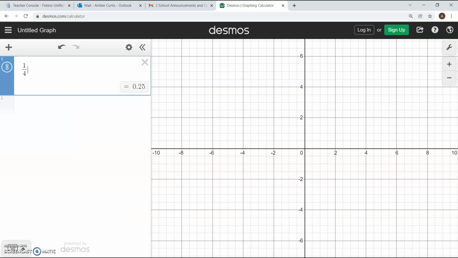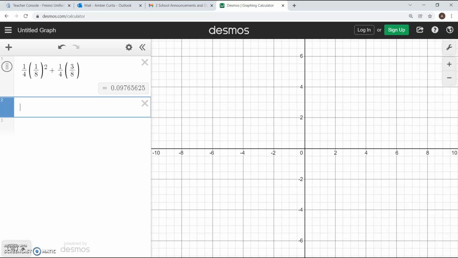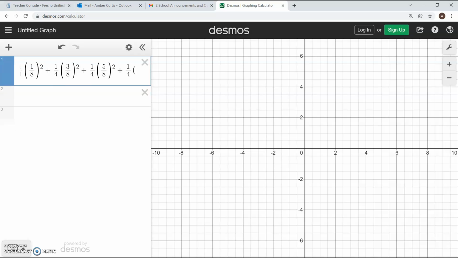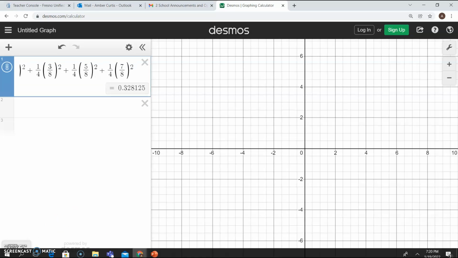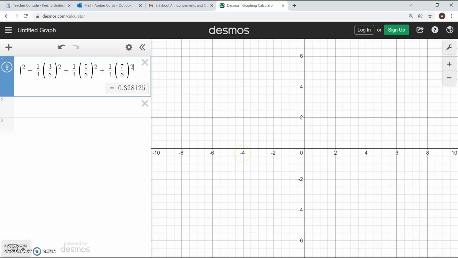So we had 1/4 times 1/8 squared, 1/4 times our 3/8 squared, plus our 1/4 times our 5/8 squared, and then last but not least, our 1/4 times our 7/8 squared. And we could see that we get a value of 0.328125.